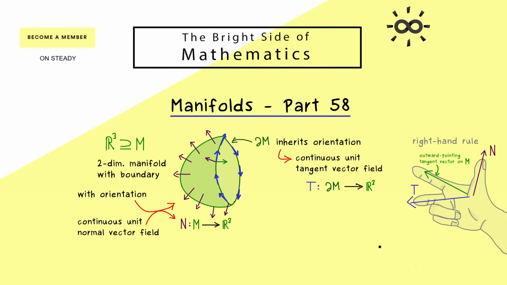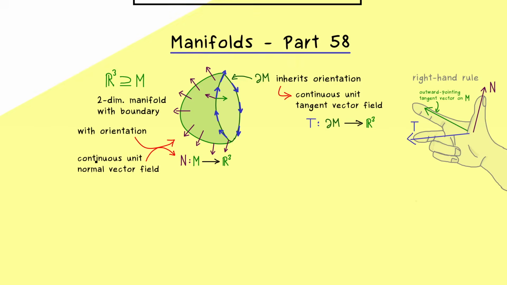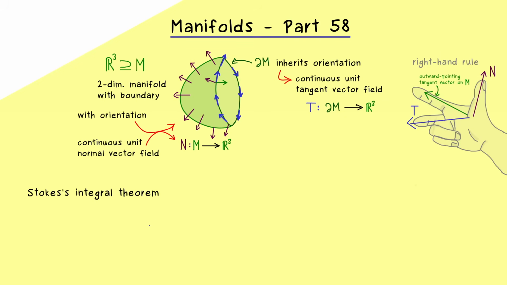So there we have it, this right-hand rule is a good calculation device if you work in applications. Of course, in our theoretical approach here, we don't need to do that because everything is given in the concept of orientation anyway.